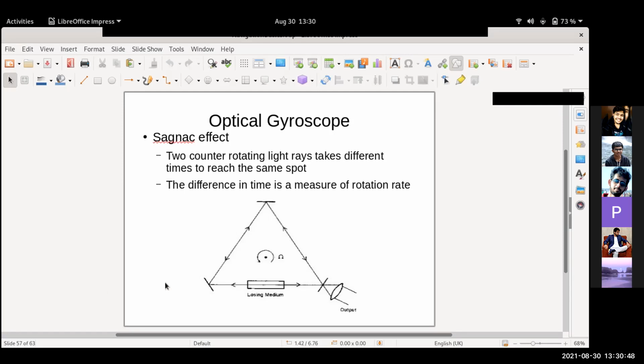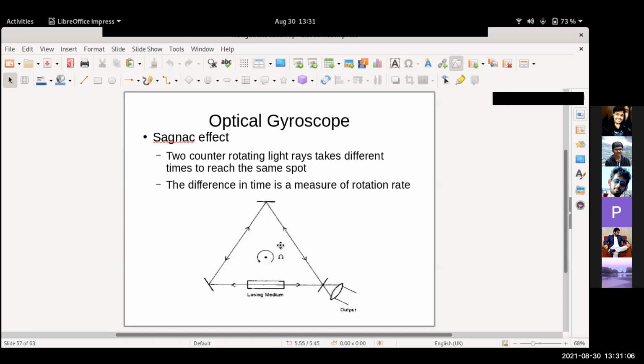However, if you allow this part to rotate along with the complete setup, then one of the light rays will take a longer distance to travel and reach back to the same location when compared to the other light path.